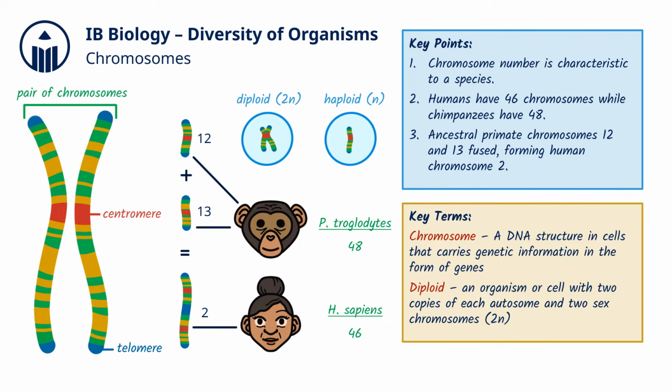Chromosome number is not unique to a species. For instance, the cultivated olive tree, Olea europaea, also has 46 chromosomes. However, the genetic content within those chromosomes is vastly different, which is why humans and olive trees have such distinct biological characteristics. Over evolutionary time, different lineages have gained, lost, or rearranged chromosomes through various mechanisms.